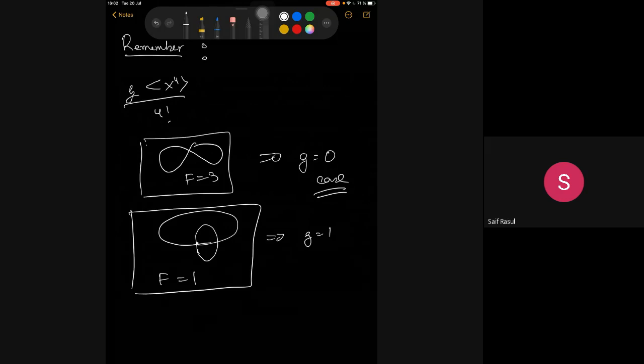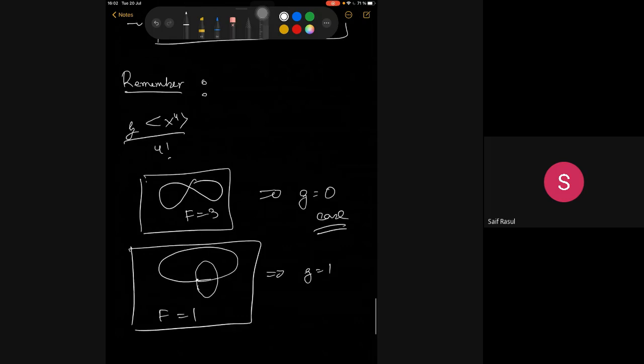For genus, one thing to notice is that the same graph, this one, gives rise to maps which can be drawn on different genus surfaces, G0 and G1, and they have different numbers of faces.